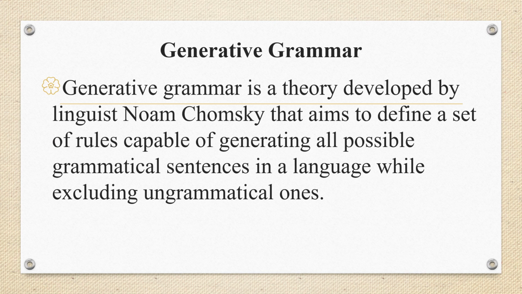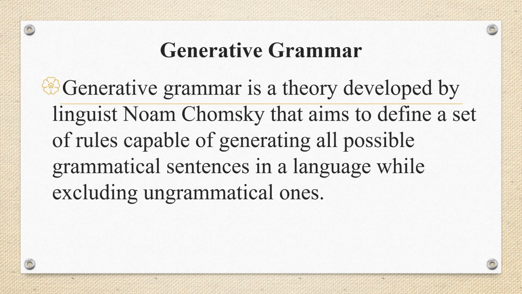Next, we have generative grammar. Generative grammar is a theory developed by linguist Noam Chomsky that aims to define a set of rules capable of generating all possible grammatical sentences in a language while excluding ungrammatical ones.